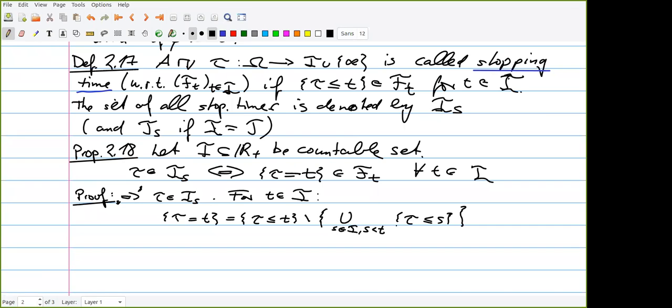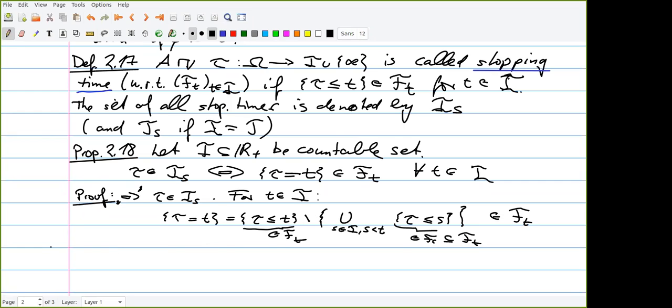The moment you have uncountably many objects in your index set, you might explode outside your filtration or sigma algebra. So this is a stopping time, so this is in Fs, so in particular this is in Ft. All these objects are in Ft, which means this whole thing is in Ft.